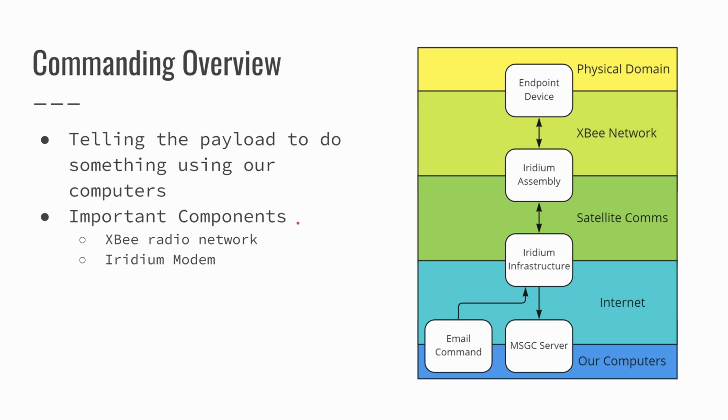So usually we want to tell our payload to do something, and we want to be able to do that from the ground. The important components here that we really have control over are the Iridium modem and the XBee radio network here. Obviously we don't have our own satellites and we don't control the internet. So we have our own computer, we have this physical device, and we have basically everything up here.